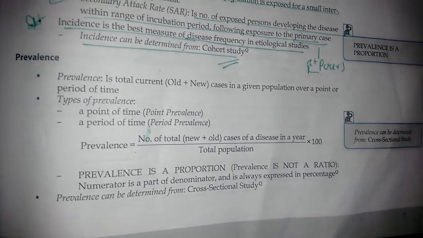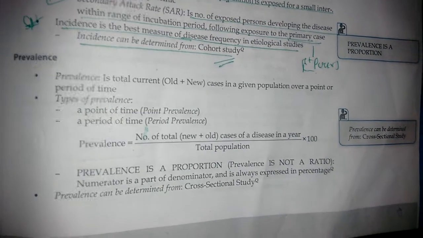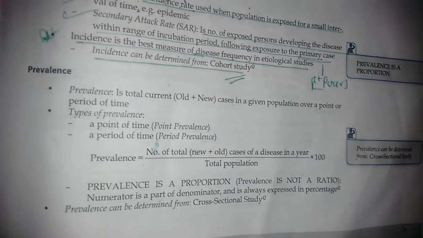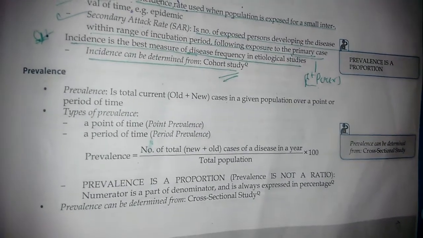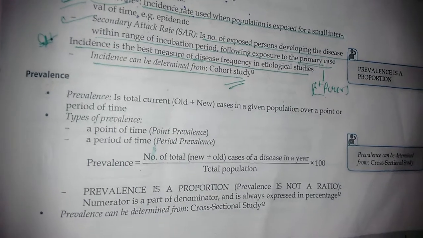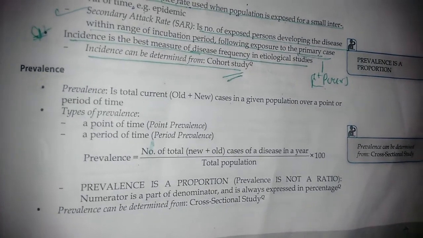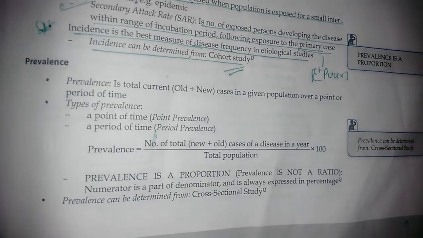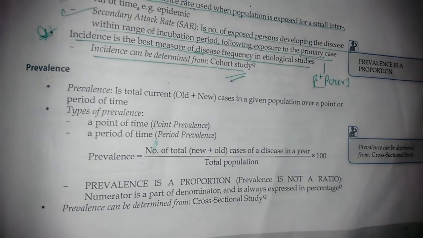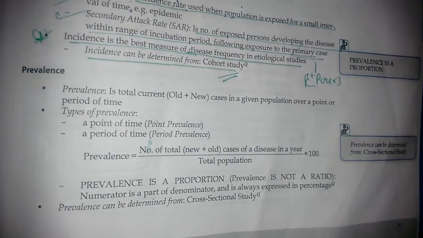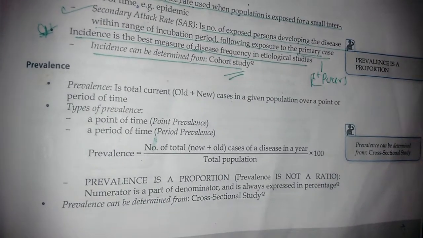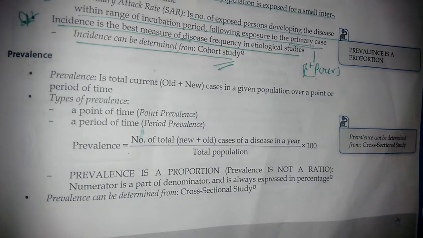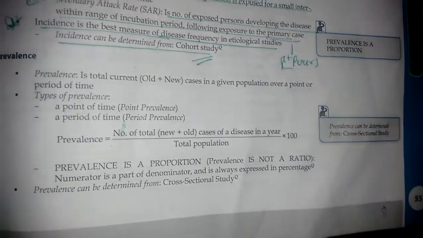Prevalence is the total number, that is new plus old cases of a disease in a year, divided by the total population, multiplied by 100. Both new cases and old cases are involved.